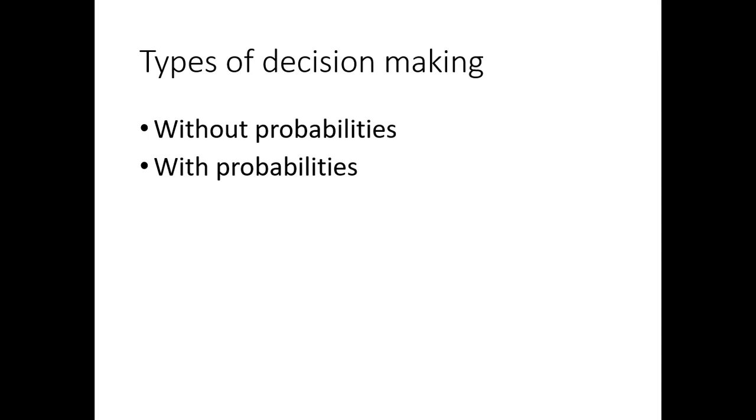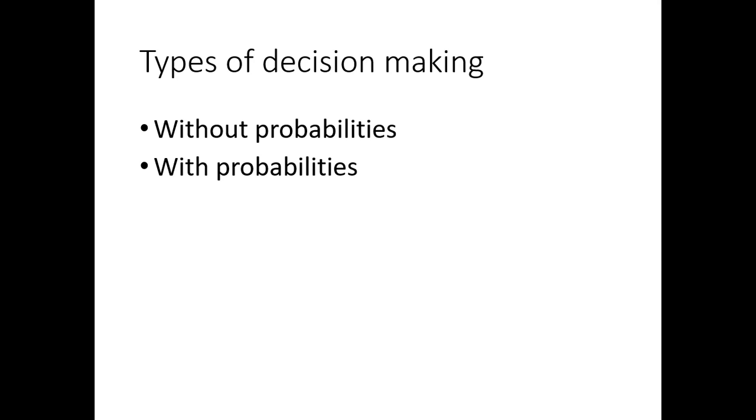On the other hand, if there are states of nature, I hope the term is understood by now. When we say states of nature, we don't have any mathematical probability. We just say, okay, I feel tomorrow it may rain. That is not mathematical probability.